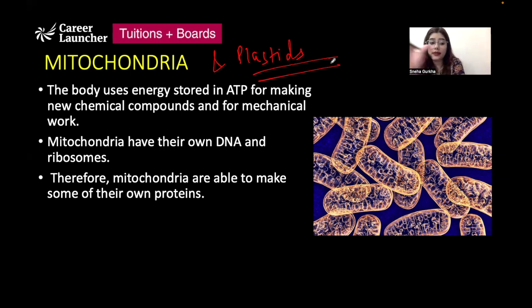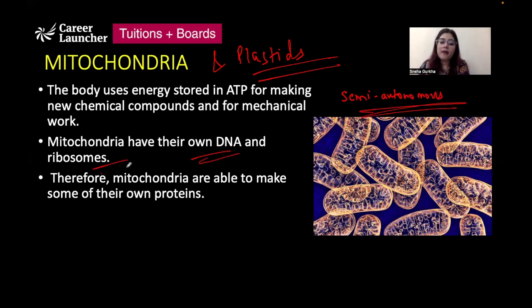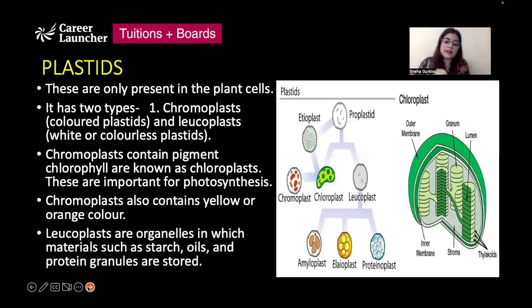So these organelles, mitochondria and plastids, इनको हम semi autonomous organelles भी बोलते हैं. Why? Because they have their own DNA and they have their own ribosomes and they can produce their own proteins.